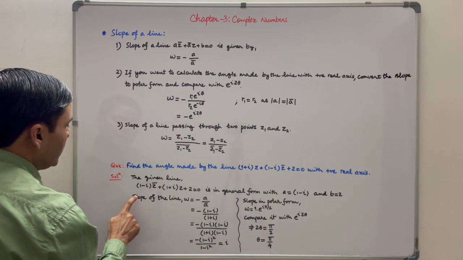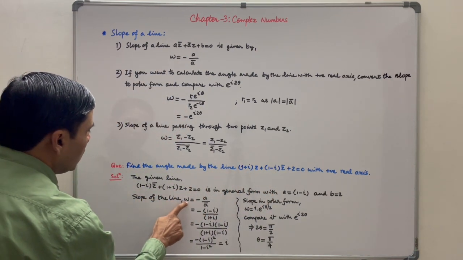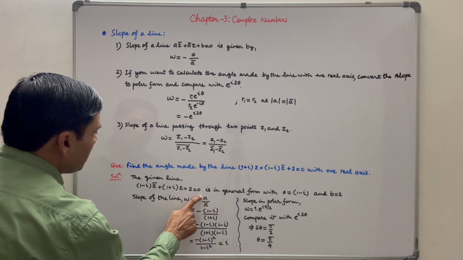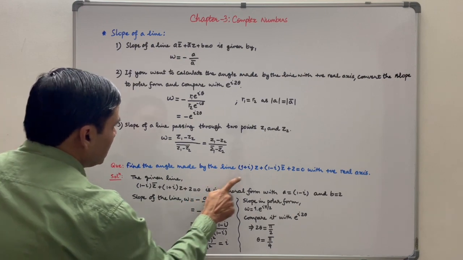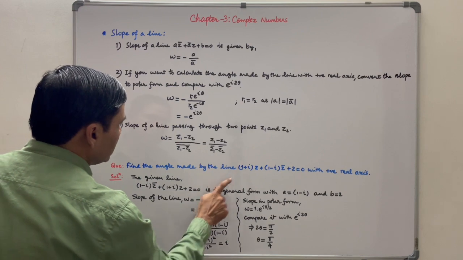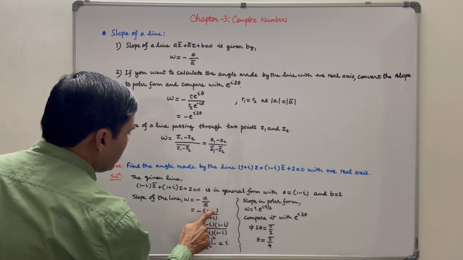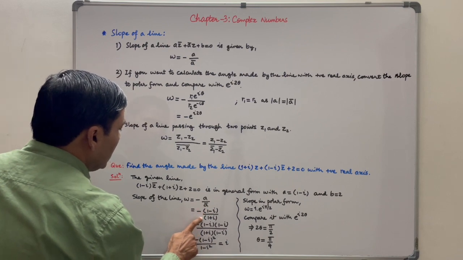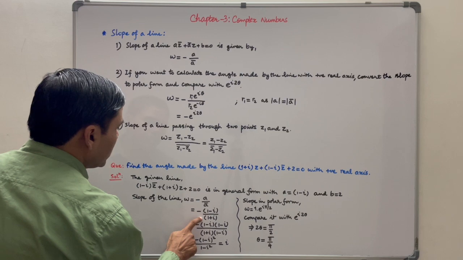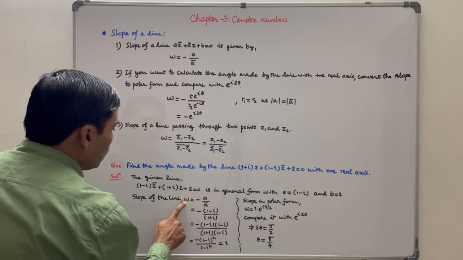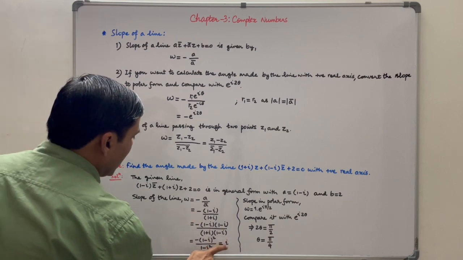Next, we will calculate slope of the line omega. Omega is equal to minus a upon a bar. A is equal to 1 minus i and a bar is equal to 1 plus i. So omega is equal to minus (1 minus i) upon (1 plus i). Now we will multiply both numerator and denominator with conjugate of denominator. So omega comes out to be equal to i.